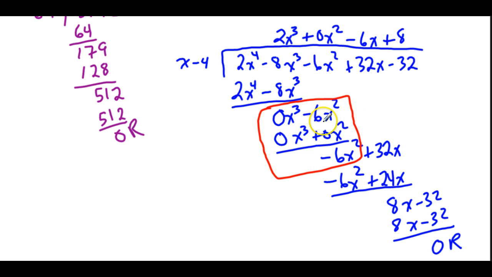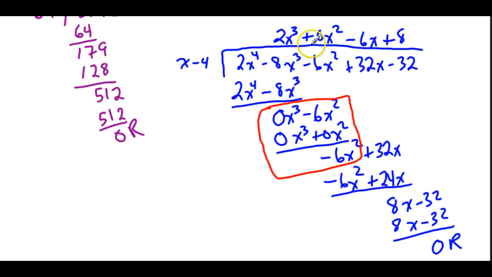My expression here was negative 6x squared. The expression I ended up working with in the next part was negative 6x squared, and I ended up with a 0x squared in here, which means that it didn't serve much purpose. I could have jumped ahead to this next part and just written my negative 6x down, leaving a blank spot there.